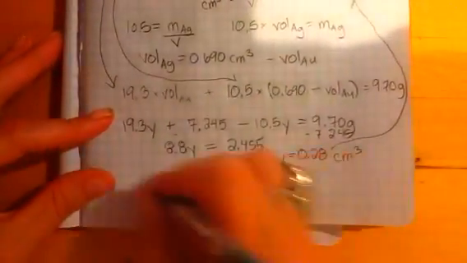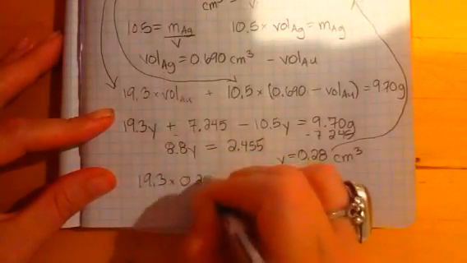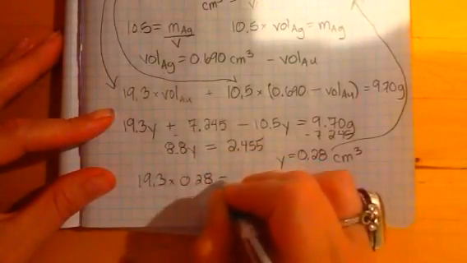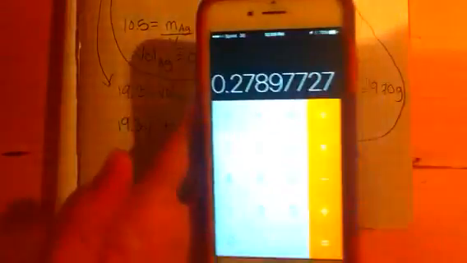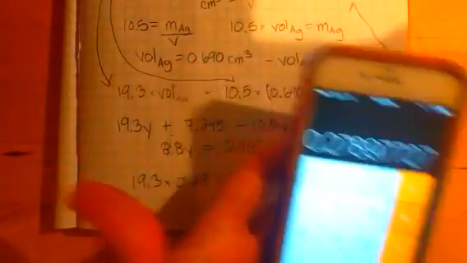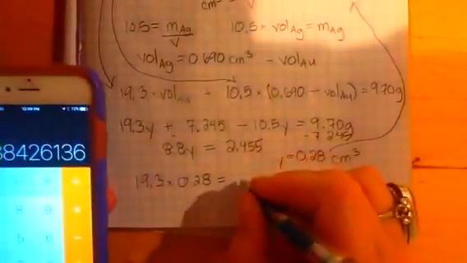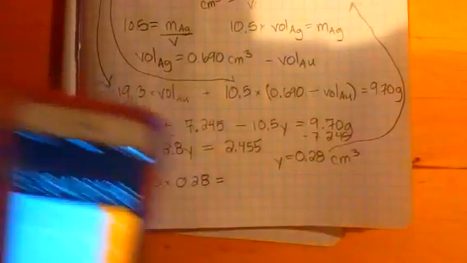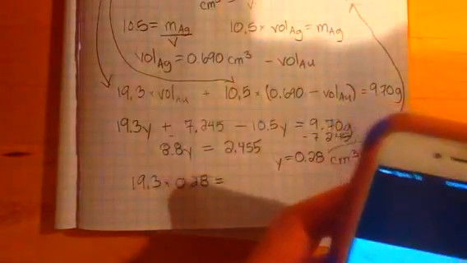So if I do 19.3 times 0.28, that should give us the mass of our gold. I always want to make sure that I have the right number.